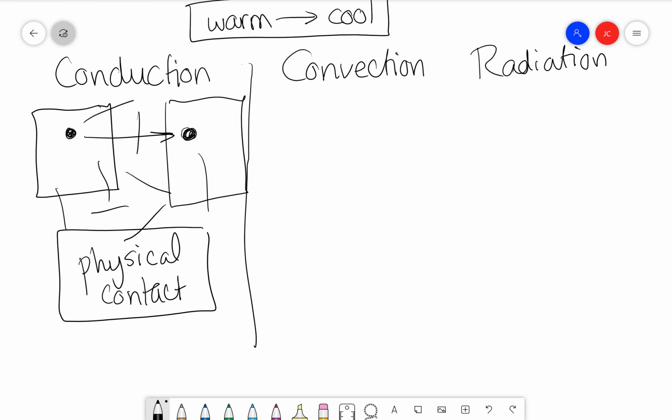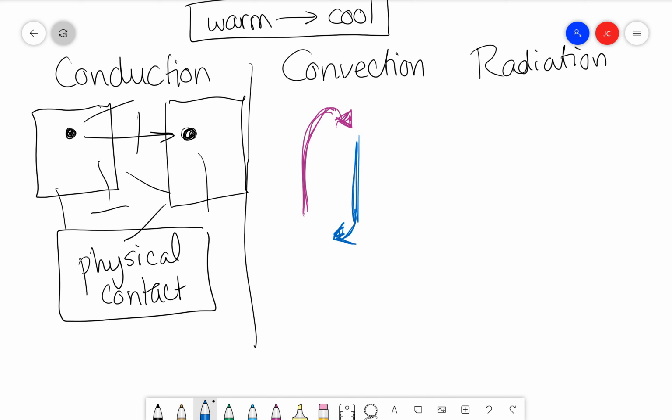Hot air rises, and cold air falls. So you get the hot air rising and the cold air falling, and you create this convection current. Look, you're getting a loop of moving, circulating air. And this also applies in liquids.